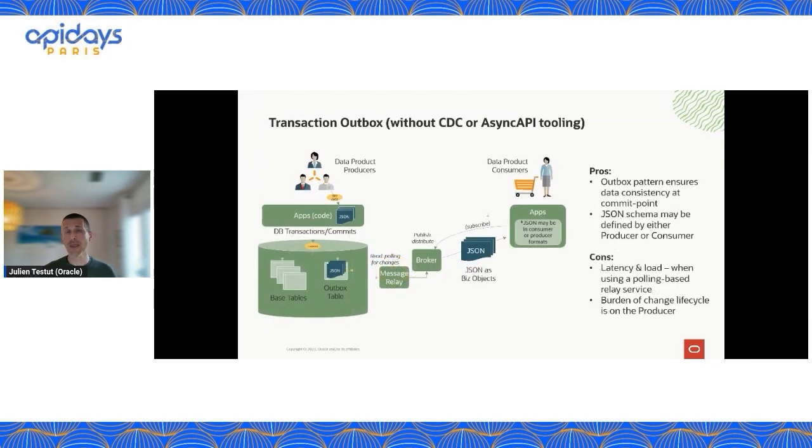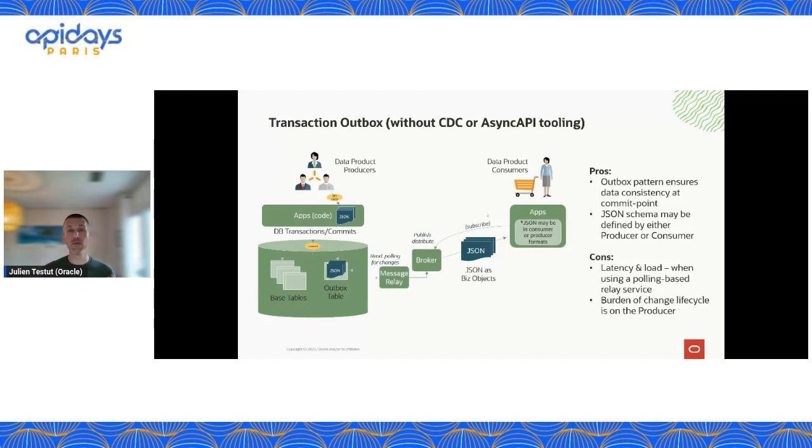So that's where some other patterns have come in, like the transaction outbox pattern. I'm not going to explain what transaction outbox is. I think at this point, most likely you're already familiar with the pattern. But the idea is, once the data has been committed to the base tables, messages are committed at the same time into an outbox table.